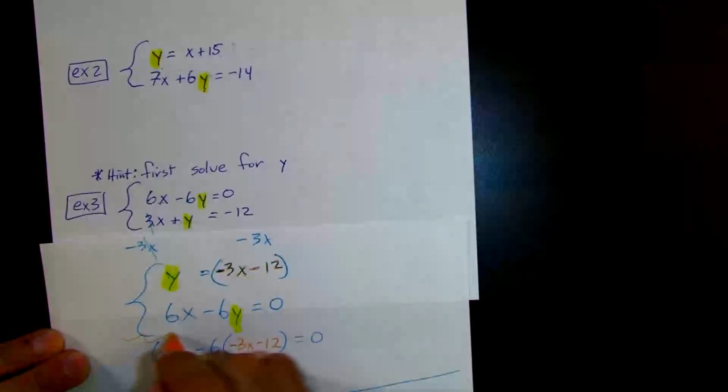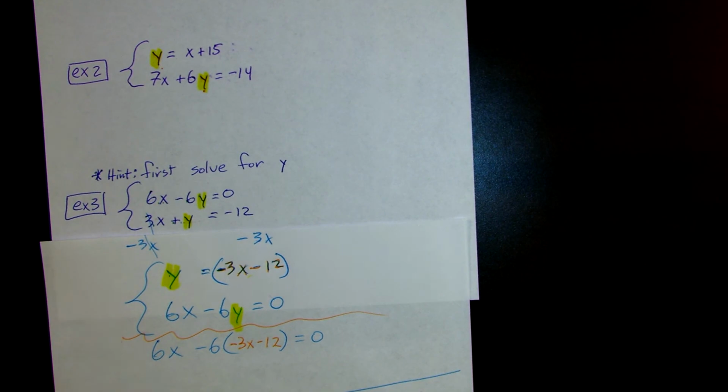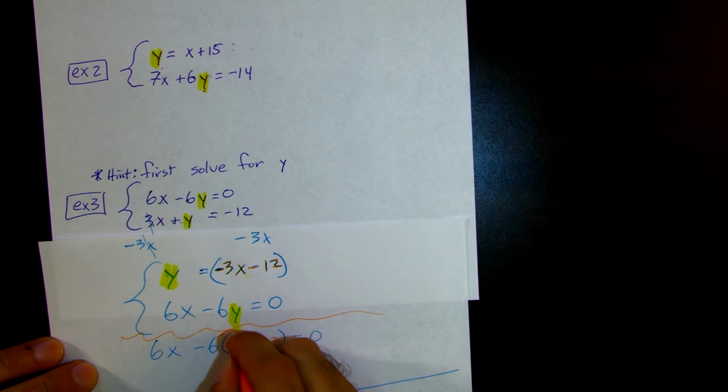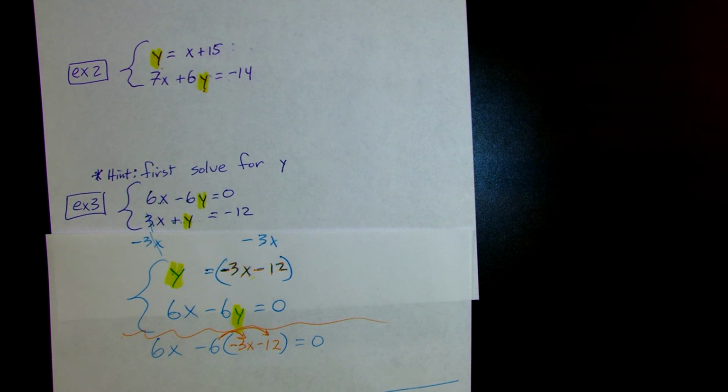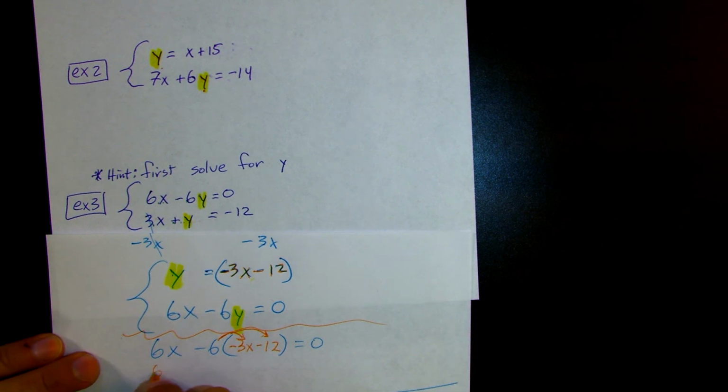So this is kind of like, my next step here was to take that second equation and substitute the y expression, what y is equal to, in for the y of the second equation here. So we have to distribute. Everyone okay? I feel like I jumped a step there. Anybody need me to kind of recap? No? All right.